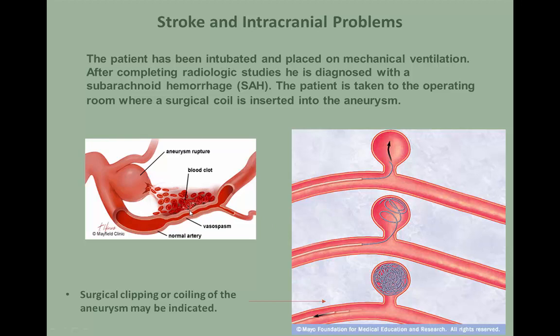A subarachnoid hemorrhage is likely caused from an aneurysm that ruptures, as you can see here. This aneurysm occurs because either there's some kind of anatomical anomaly from birth, or because of the pressure of hypertension, you can get the weakening of these blood vessel walls and they balloon out.